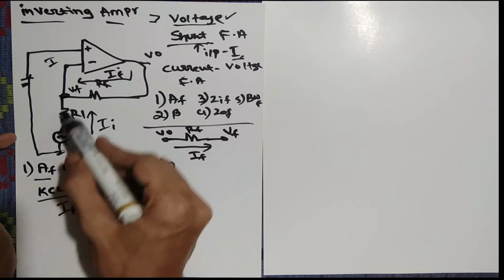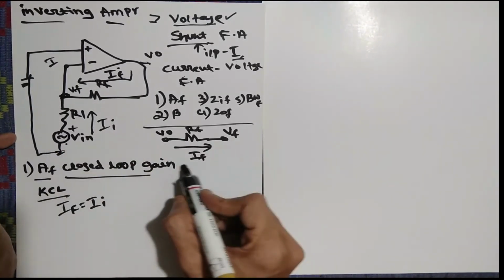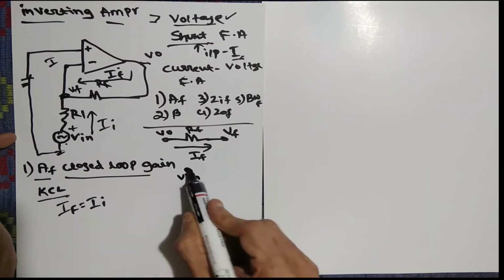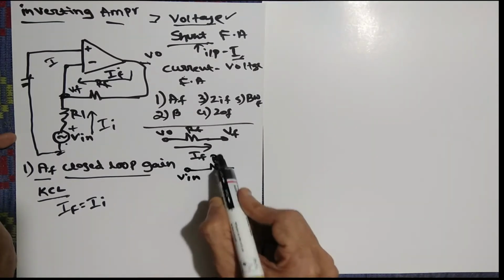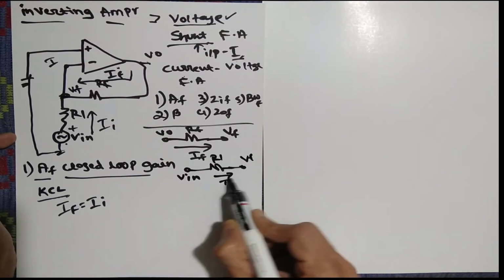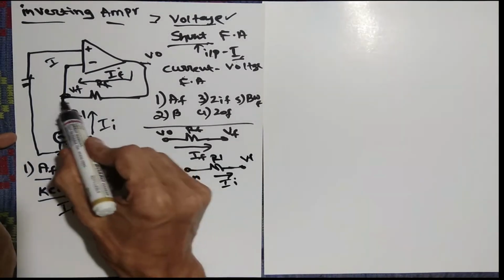Similarly, for the R1 portion, first we have Vin, then it goes through the resistance R1 and reaches VF, and the current there we call II. I marked it like this for this portion.